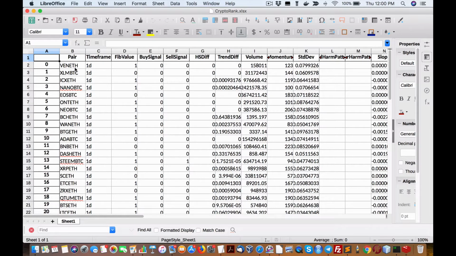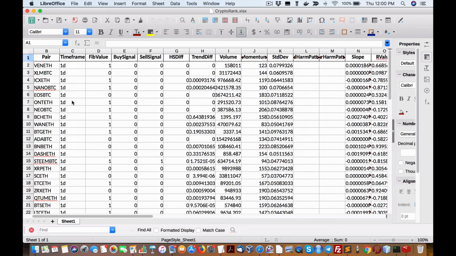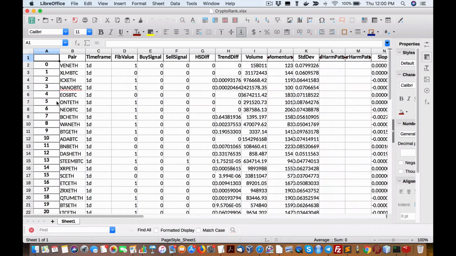And I'm usually comparing whatever coin against Ethereum and the same equivalent against Bitcoin. So that's what I'm doing here. I used to do BNB, Binance coin as well, but I just found there's not a lot of volume to really play around with.